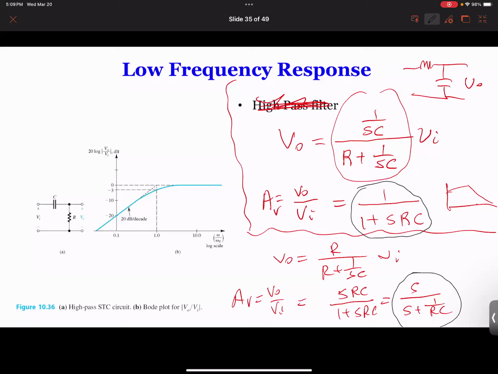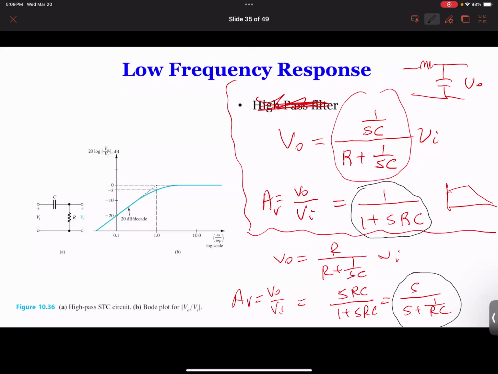Can anybody think about it? Why are we writing in this form? Why is it not the other way around? This is because of an intrinsic property. If you look at this one, if S is small, what happens? If S is small, this term can be eliminated because it's much less than 1.